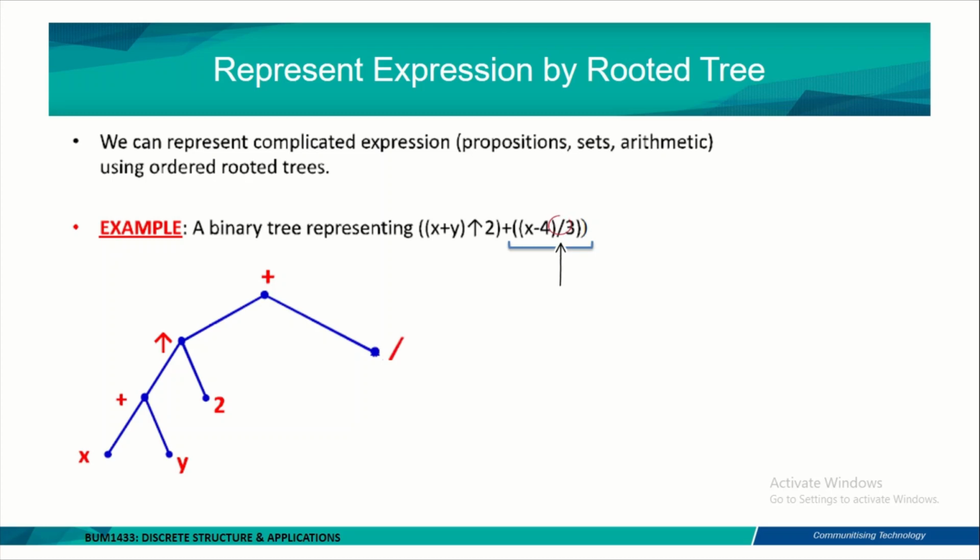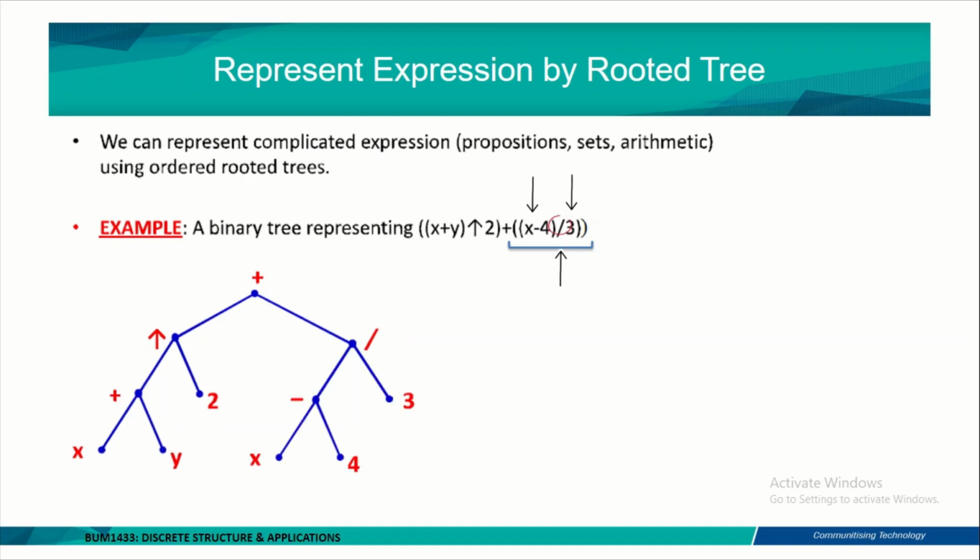We see that we have 3 and x minus 4, so 3 at the right side, and for x minus 4 we have the operation minus here, so we put the operation first, minus, and then after that we put x and 4, right? Okay, that's all for how to represent a complicated expression by the rooted tree.